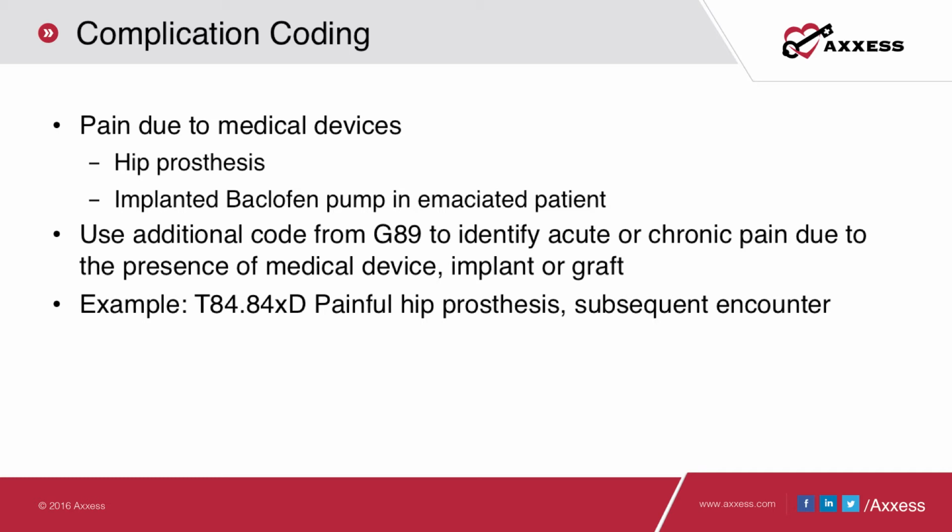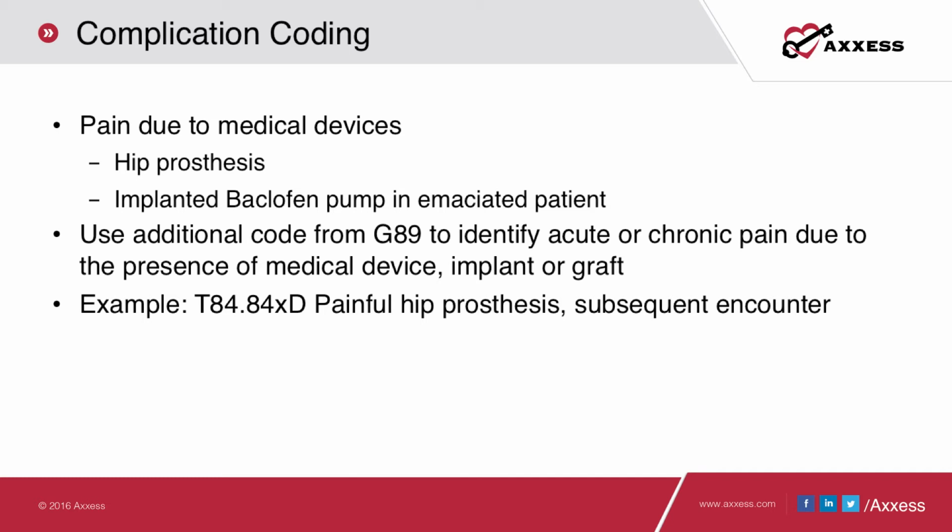The other example would be an implanted baclofen pump in an emaciated patient. I had a patient who had MS, and she had a baclofen pump that dispersed muscle relaxers to her system, and she became so emaciated that the pump itself was causing pressure on her body. That was a pain due to a medical device in her case.